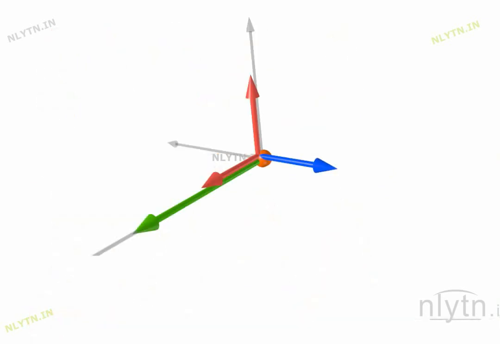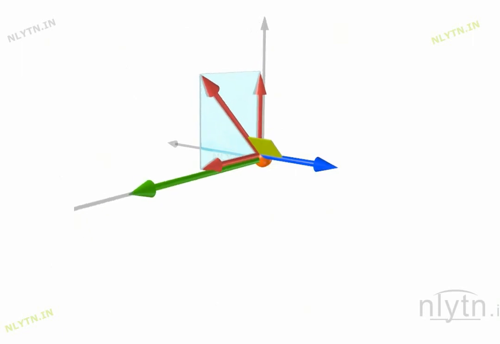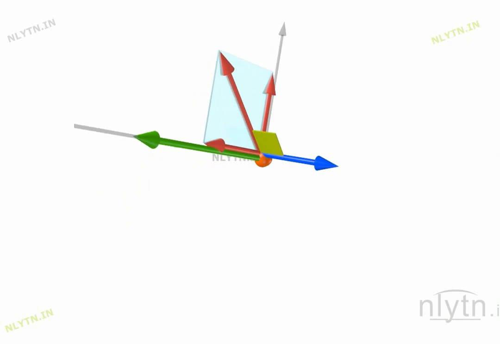Also note that both the components of velocity are perpendicular to the magnetic force, and thus resultant velocity is still perpendicular to the magnetic force.